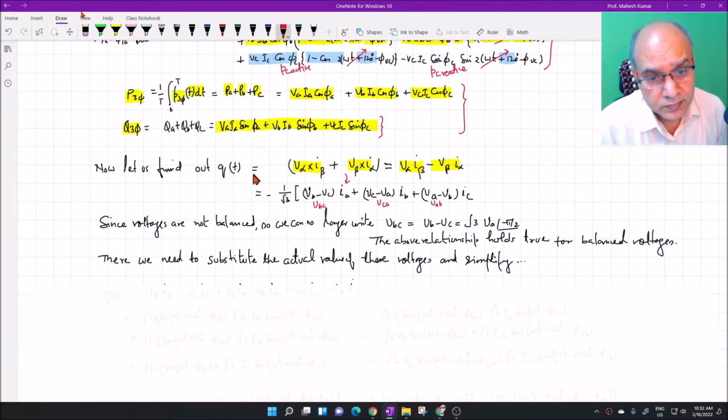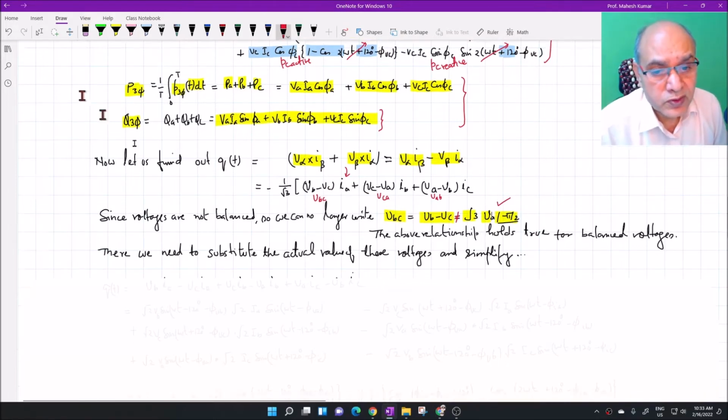But remember, earlier we simplified this term using the concept that the line-to-line voltage V_BC is V_B minus V_C, which is root 3 times V_A shifted by minus pi by 2. This is no longer true now because the three-phase voltages are not balanced. So we cannot use this for the simplification of the instantaneous reactive power term.